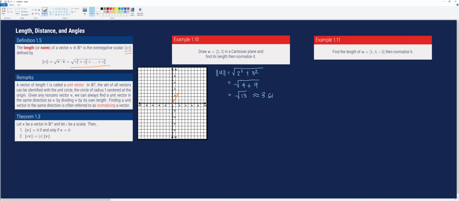Notice that this process is the same as using the Pythagorean theorem, wherein we identify the x-coordinate, which is 2 units, and the y-coordinate, which is 3 units.